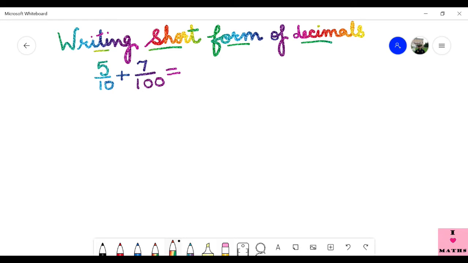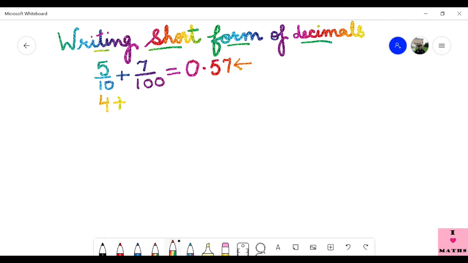So, while writing the short form, we will write a 0 at ones place, and at 10th place we will write 5, and at 100th place we will write 7. Since there is 5 upon 10 and 7 upon 100, the decimal form is 0.57.